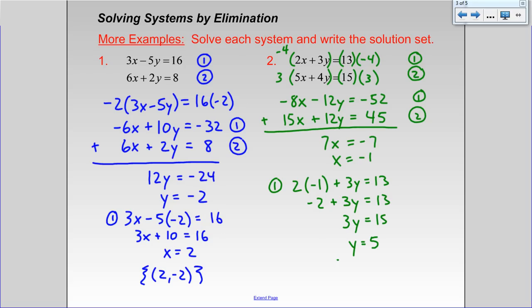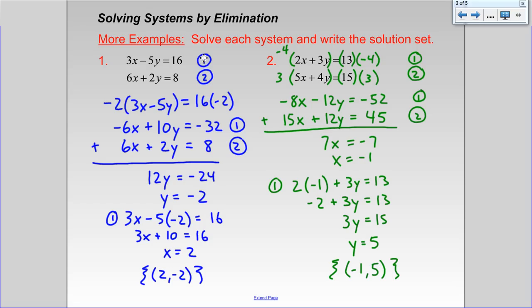So the solution set, again, contains one point. In this case, the point negative 1, 5. Before we move on to our last two examples, I want to note that we had another option when solving this system.